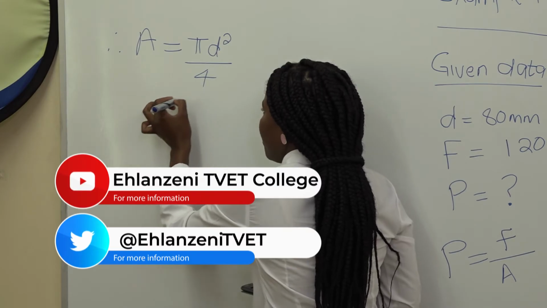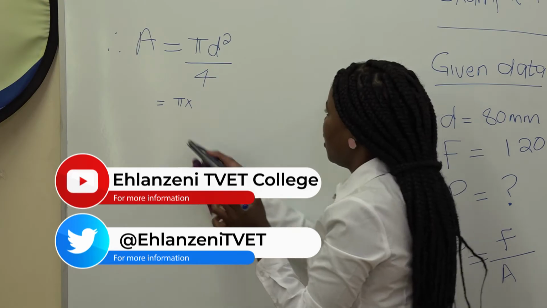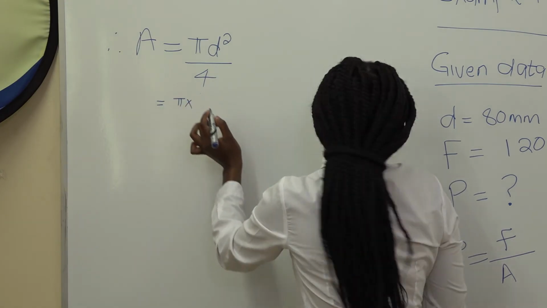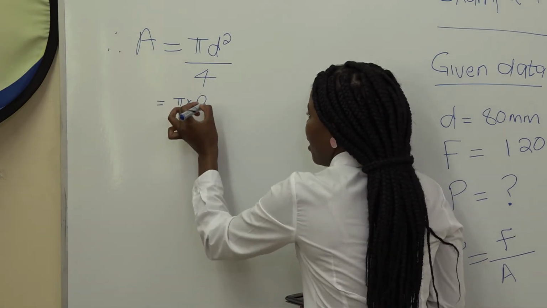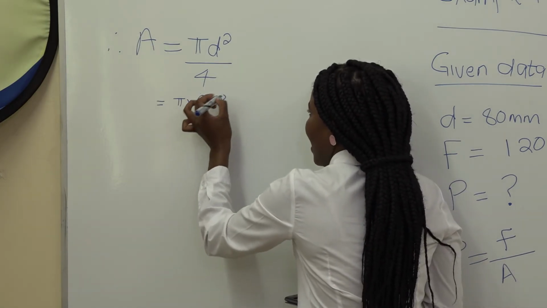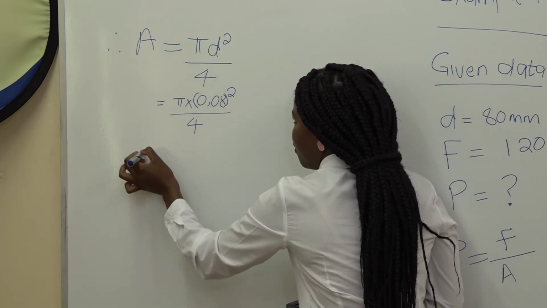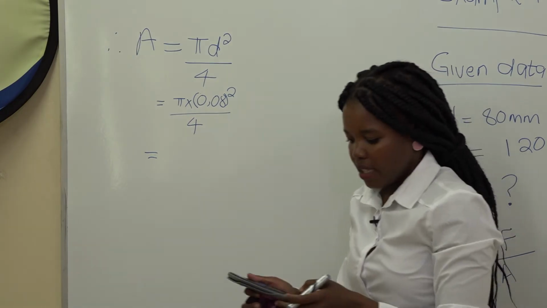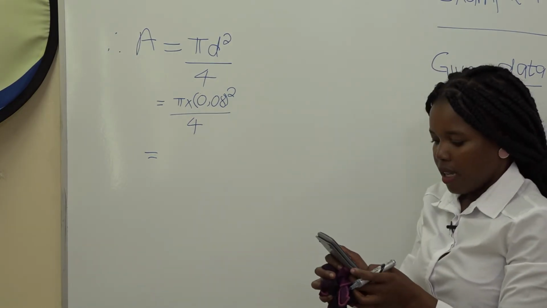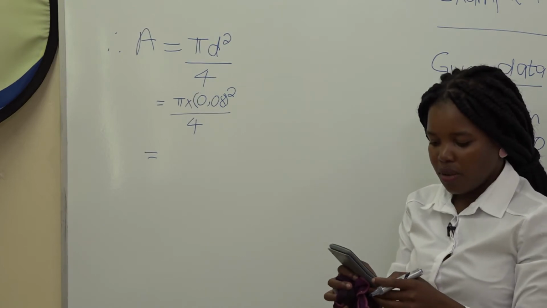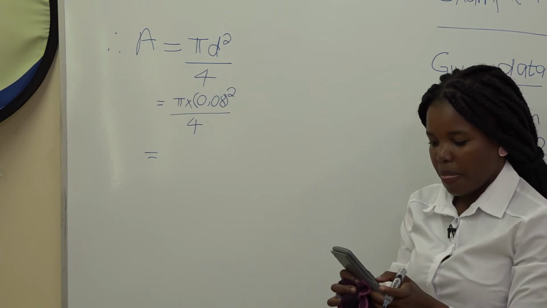Your pi is 3.142, times your diameter. We have converted the diameter into meters, remember? So now we have 0.08 squared divided by 4. So we'll say pi times 0.08 squared all over 4.